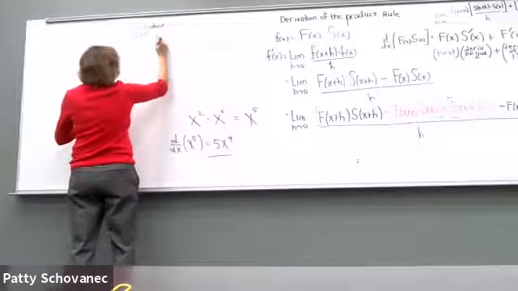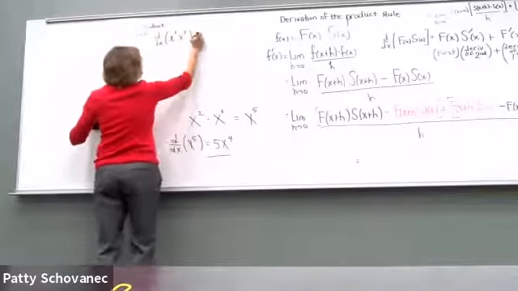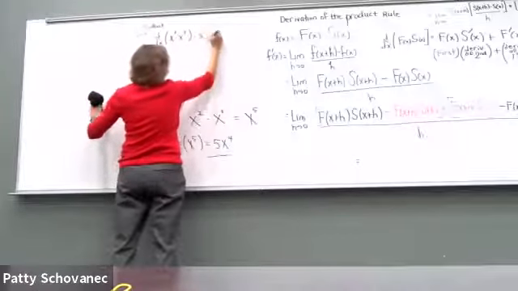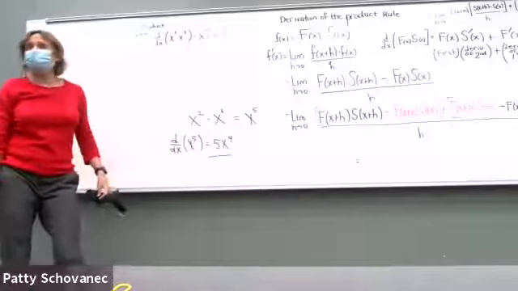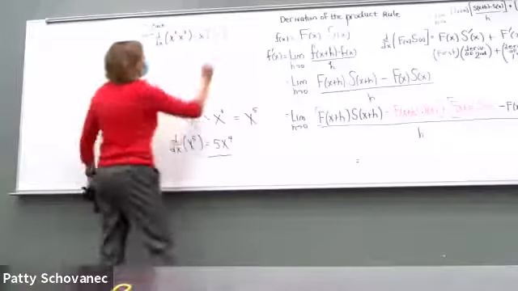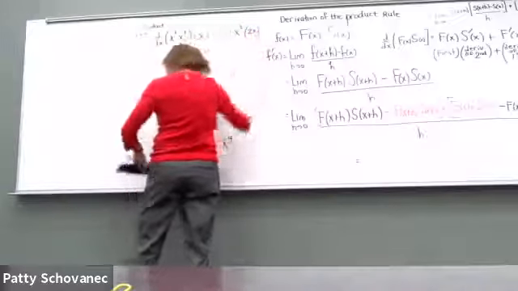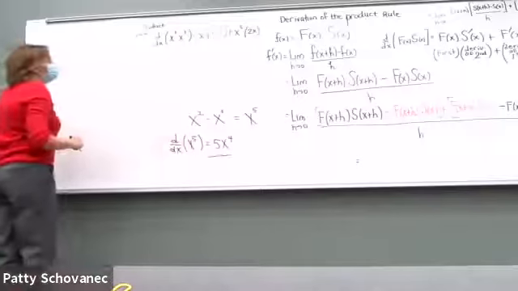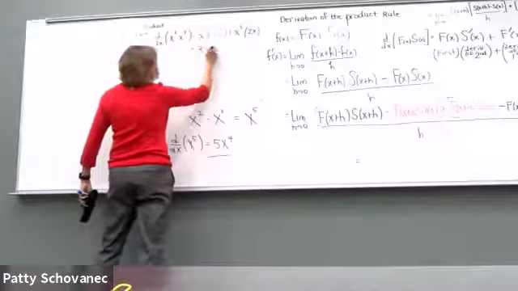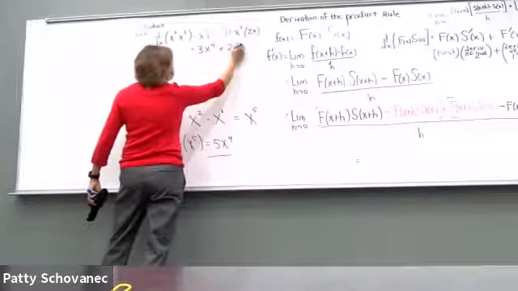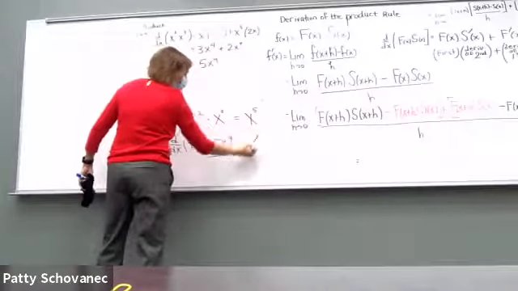The derivative with respect to x of x squared times x cubed is the first times the derivative of the second. So I took the derivative of x cubed and got 3x squared, plus the second times the derivative of the first. And so I get 3x to the 4th plus 2x to the 4th for a grand total of 5x to the 4th.